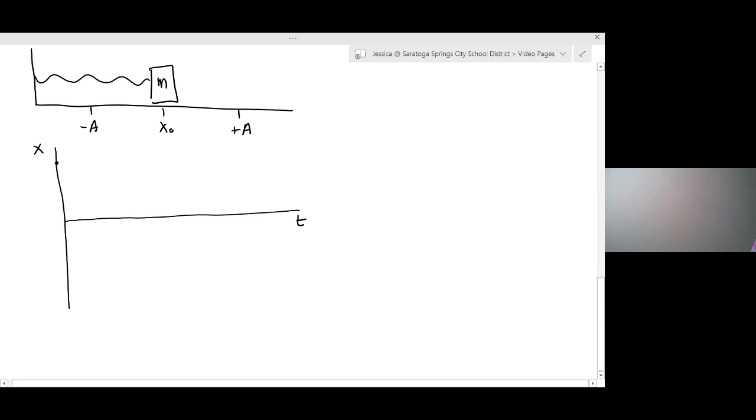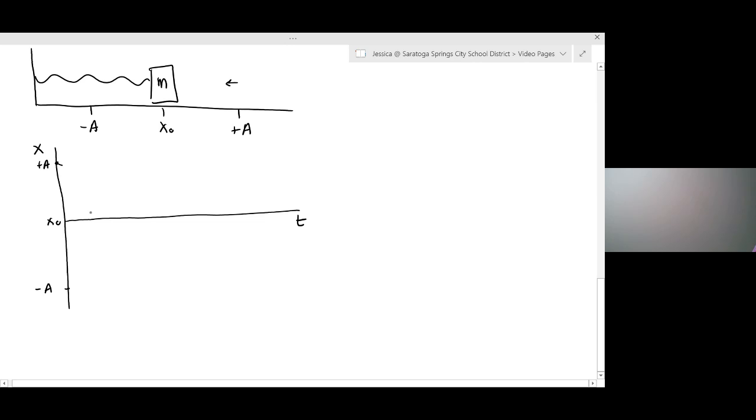It's going to start here. So this is positive A, this is x0, and then this is negative A. We're going to start at positive A, and then we're going to be moving left, which is a negative direction. So that's why we have a negative slope.